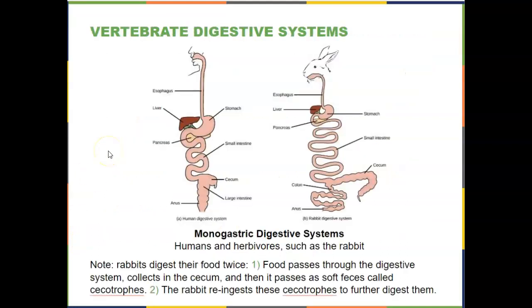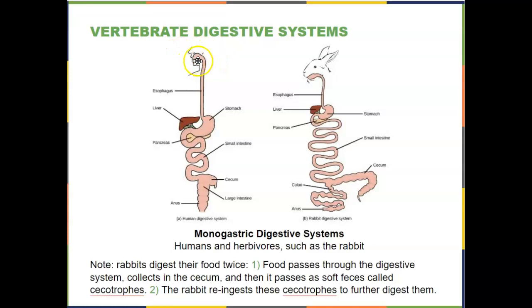All right, when we're looking at a vertebrate digestive system, it's also referred to as a GI tract, gastrointestinal tract, or alimentary canal, all mean the same thing. So y'all know this stuff already.